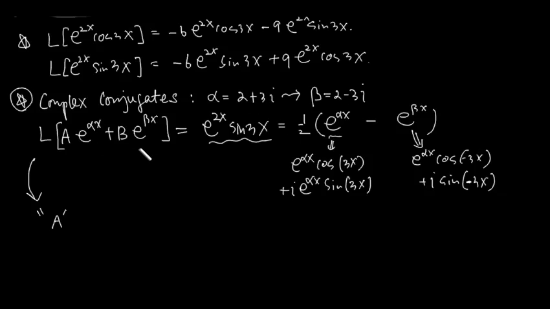And when we go through the operator, that will be the coefficient of e to the alpha x, written in terms of capital A and capital B. Actually, I was wrong about that: A prime is solely in terms of A, B prime is solely in terms of B. They don't interact with each other, and here we're using the fact that e to the alpha x and e to the beta x are linearly independent, so that must be 1/2 e to the alpha x in that case over there, minus negative 1/2 e to the beta x. That was on the right hand side.